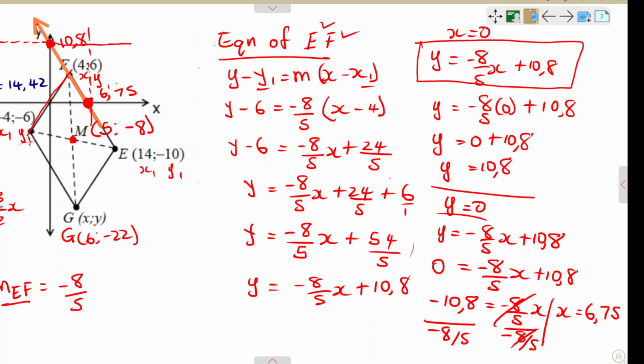The y coordinate is 0 because we make x 0, and the x coordinate is also 0 because you have to make y 0. That's why it cuts at the origin. Yeah, so this was the second last question, question 5.